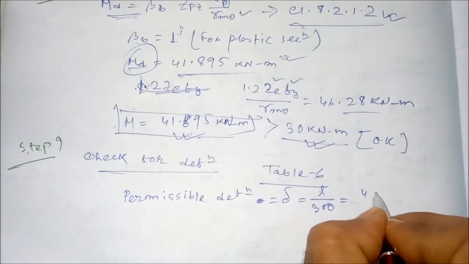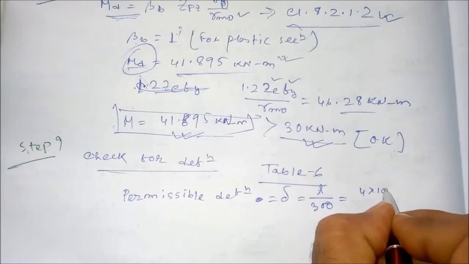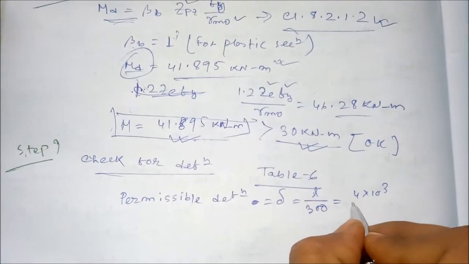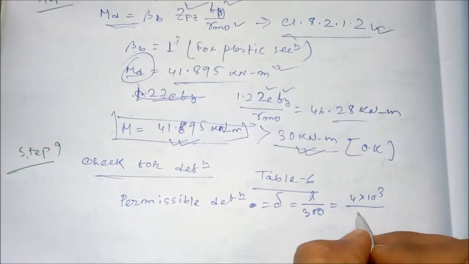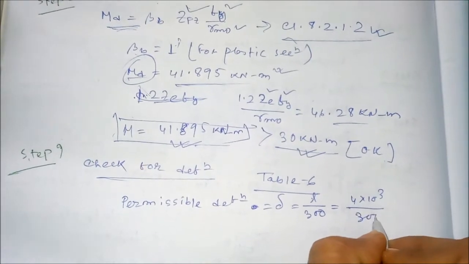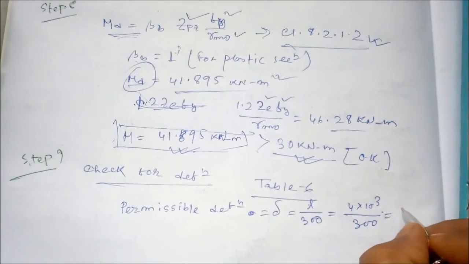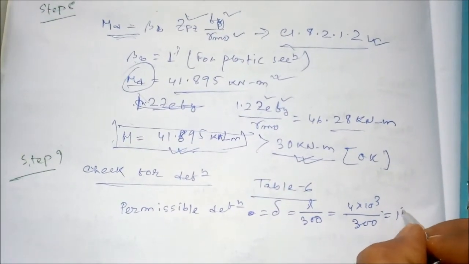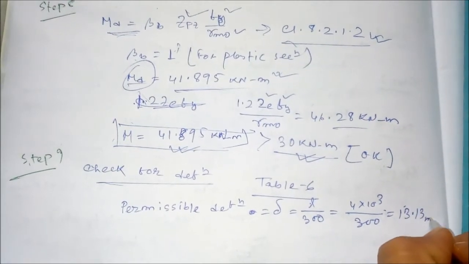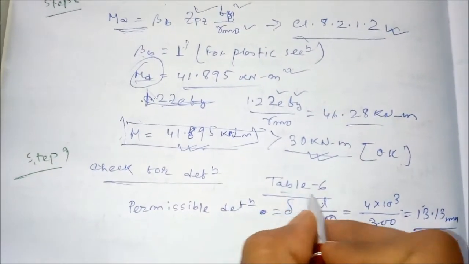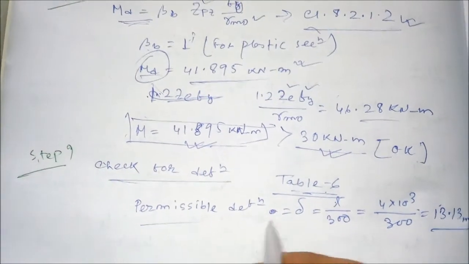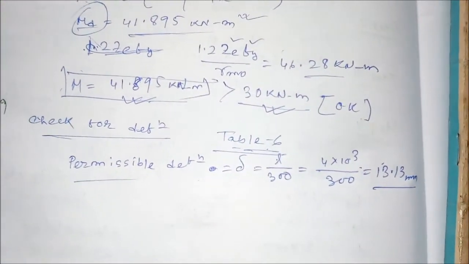L is 4 meters. If you convert this to millimeters, you will get a value of 13.13 millimeter. So according to table number 6 of the IS code, the permissible deflection is this.